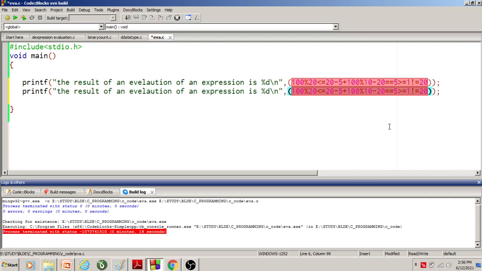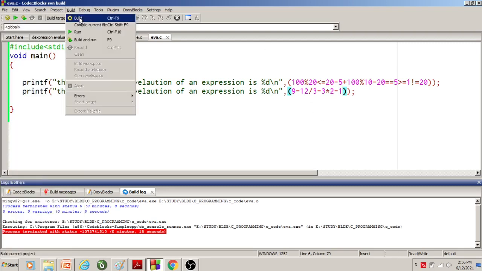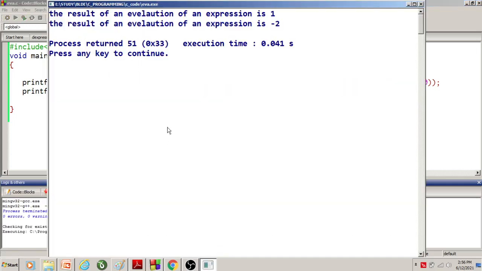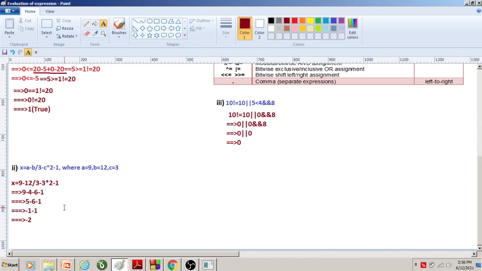The value of a is 9, the value of b is 12 divided by 3, and the value of c is 3 into 2 minus 1. Again I save this file, build, and run this code. I am getting -2 as the answer after executing this particular expression. So our evaluation is correct.